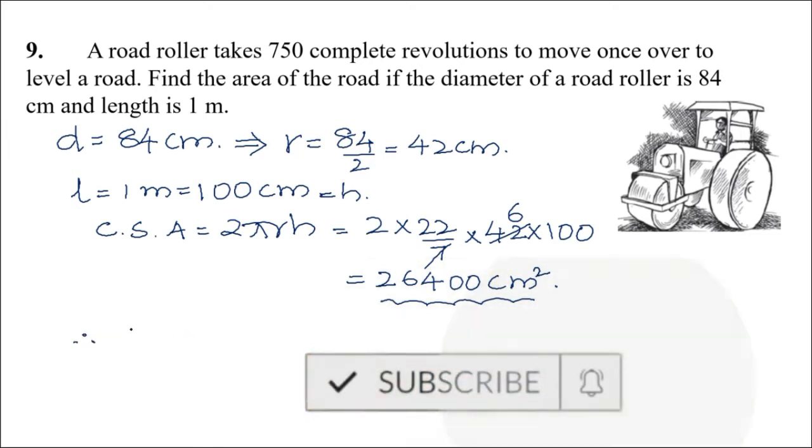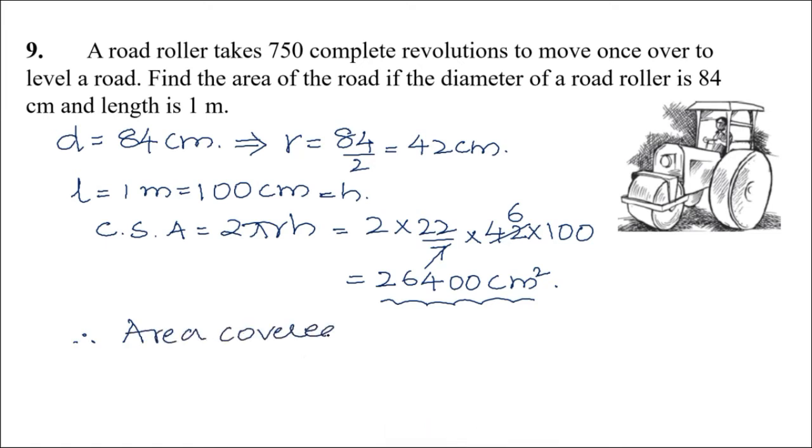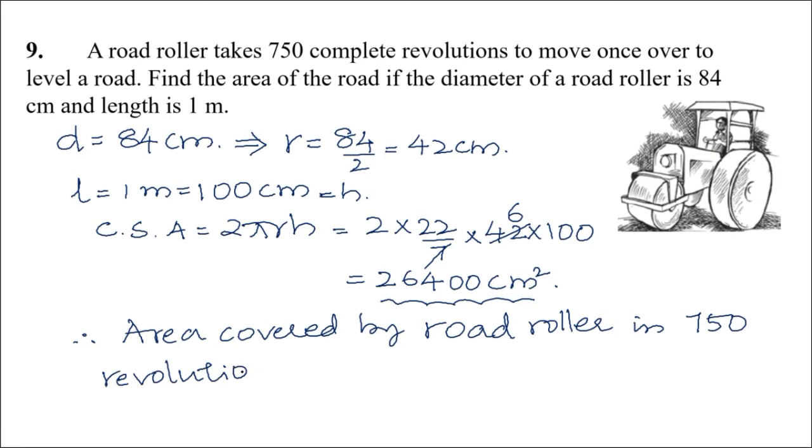Therefore, the area covered by the road roller in 750 revolutions will be equal to 26,400 centimeters square multiplied with 750.